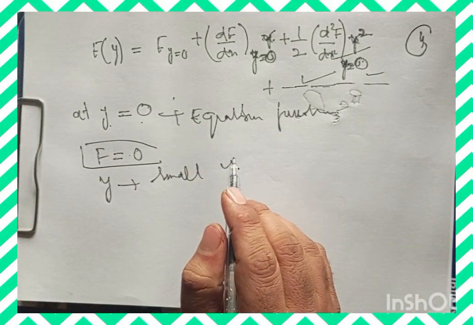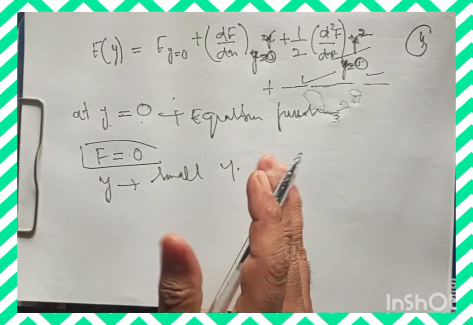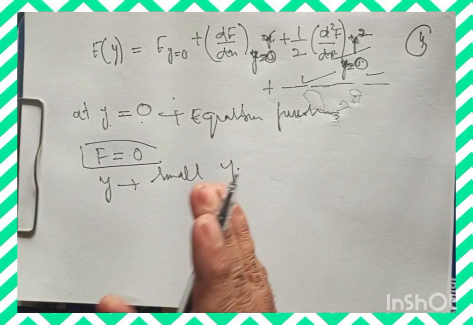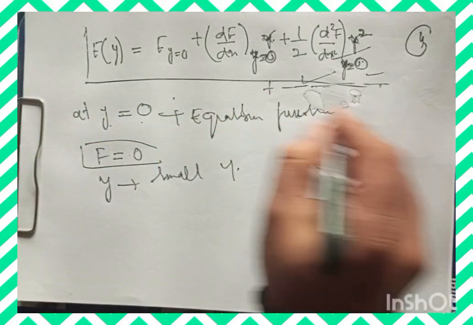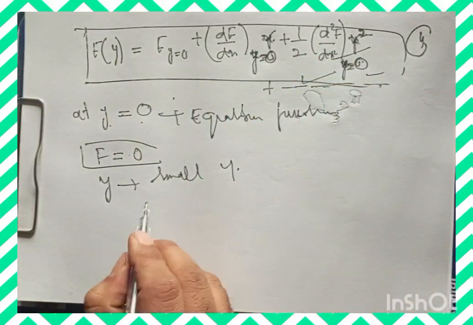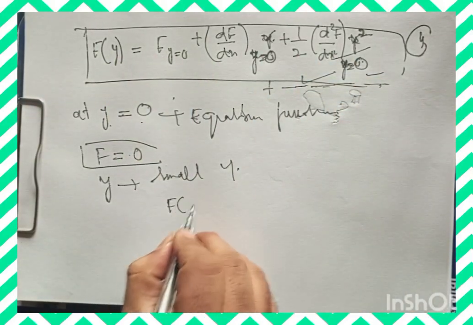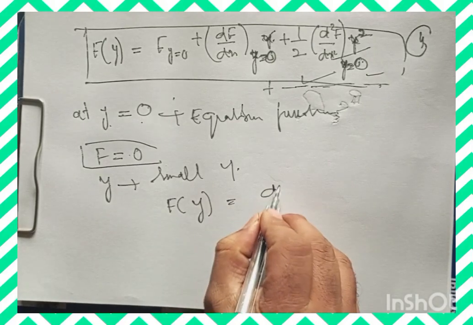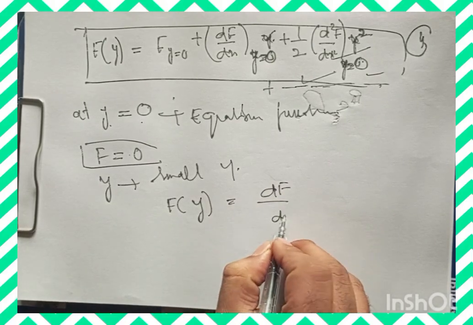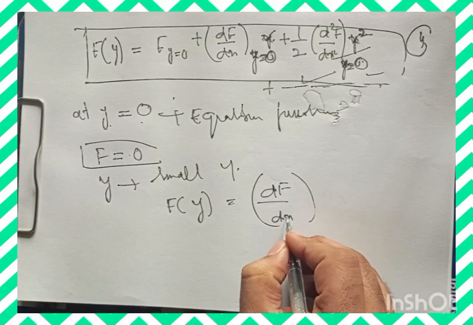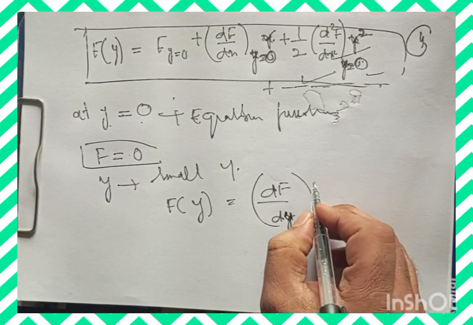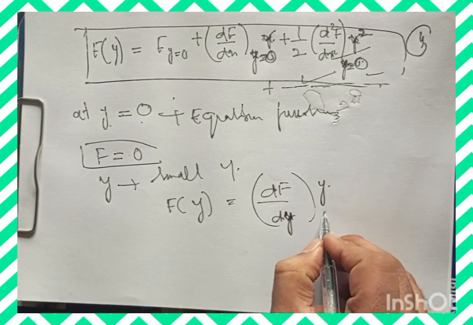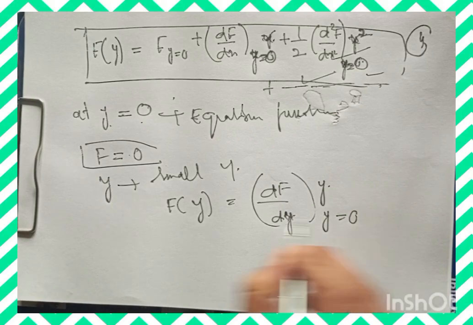So we can write down this whole series in terms of something that is significant to us, and that is f of y is df by dy times y at y equal to 0.